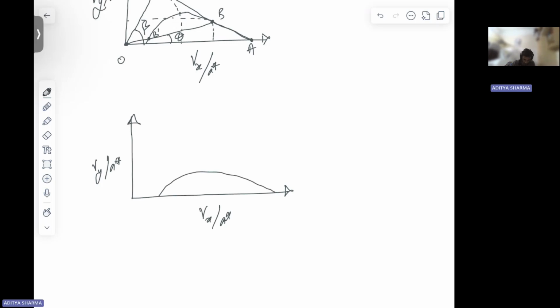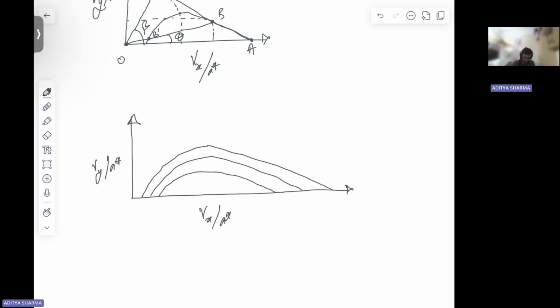So this is your shock polar for different Mach numbers.